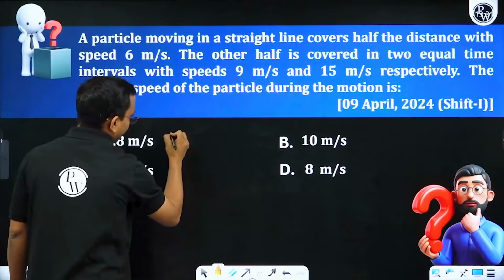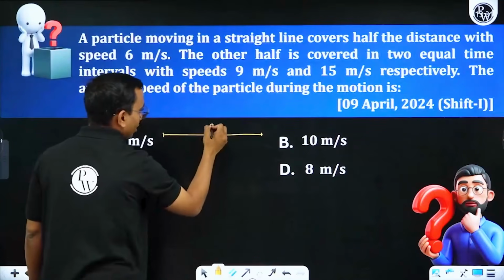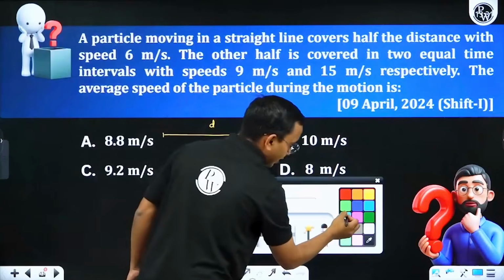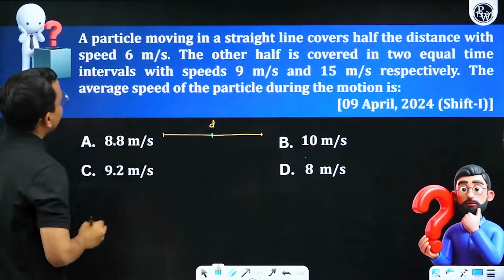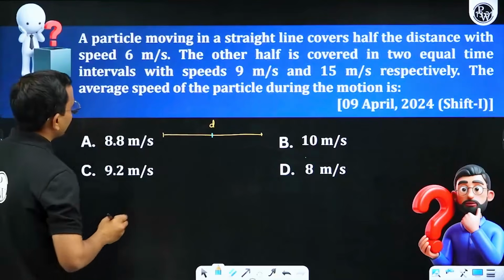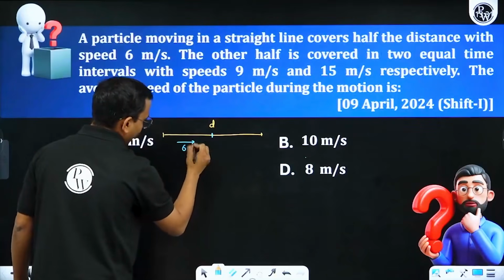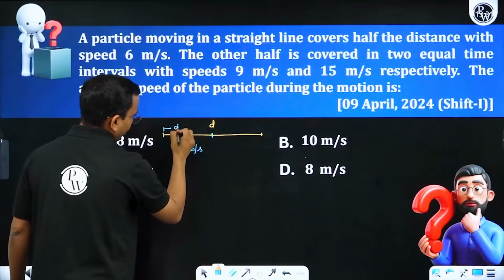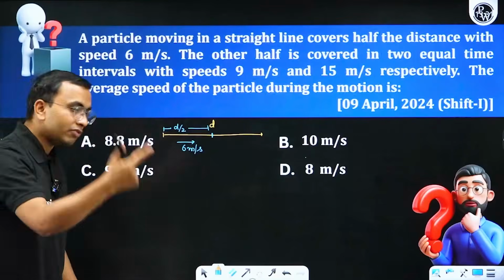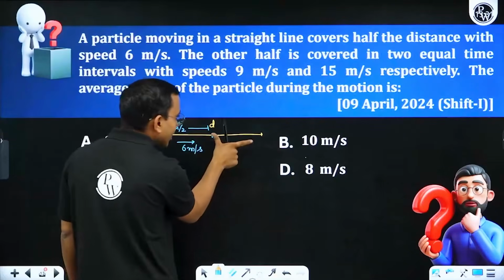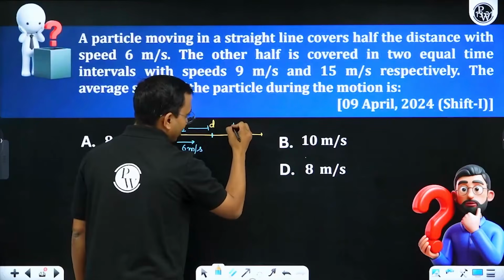Now let us take the total distance as d. Half of this, till here, d by 2, it is covering with speed 6 meters per second. This is my d by 2. And the next half in two equal intervals. Let us take the total interval here as t.